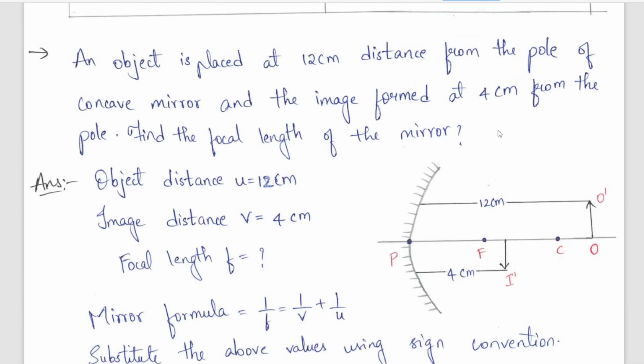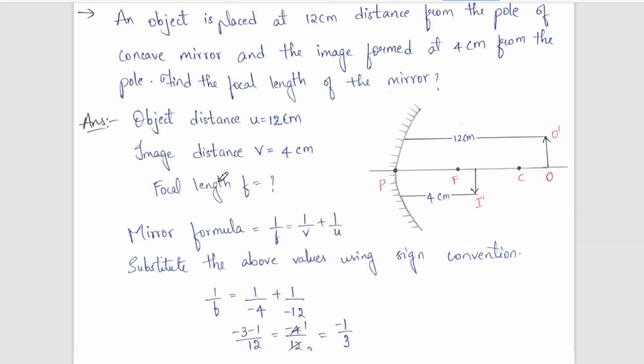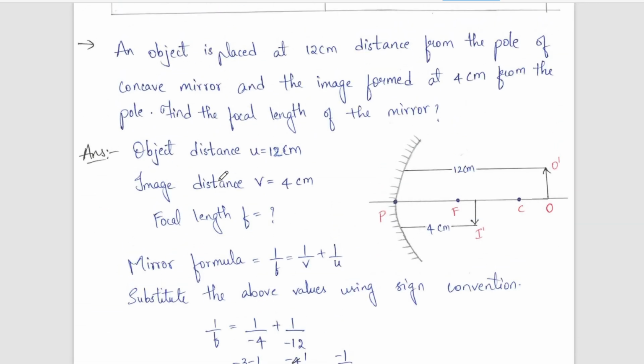Now let us quickly see the problem related to finding the focal length of the mirror. So this is the problem, and let me read out the question for you all. An object is placed at 12 centimeters distance from the pole of the concave mirror, and the image is formed at 4 centimeters from the pole.